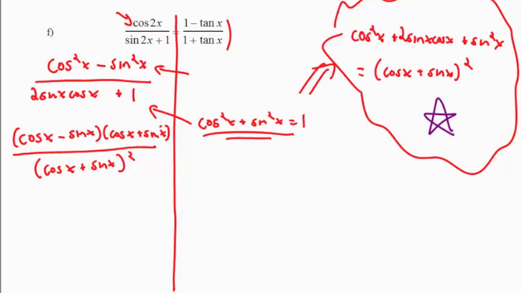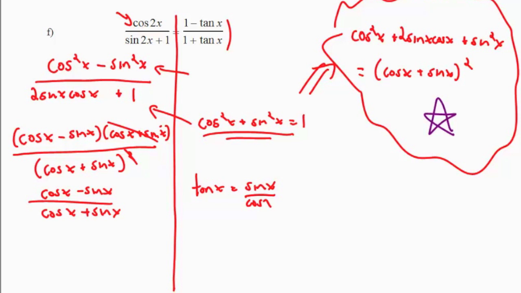At this point, I would say that if that particular solution confuses you, take a look at the right hand side and see if you can manipulate it to start looking like the denominator that I just changed myself. But if you do it my way, look at what happens. That cancels out and I end up with the cosine of x subtract sine x divided by the cosine of x plus sine x. Okay, well, what's the big deal?